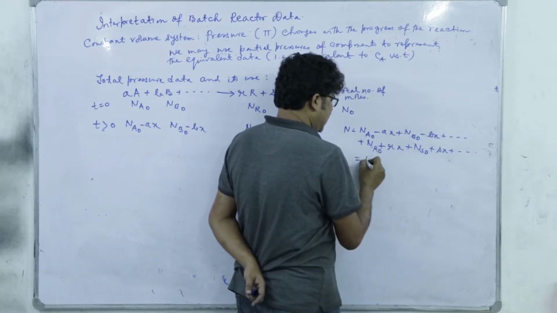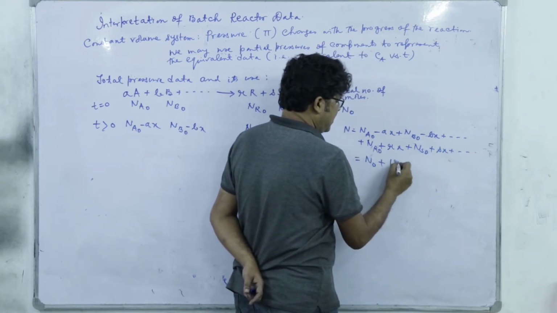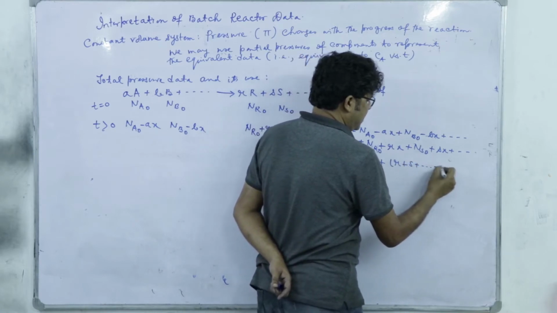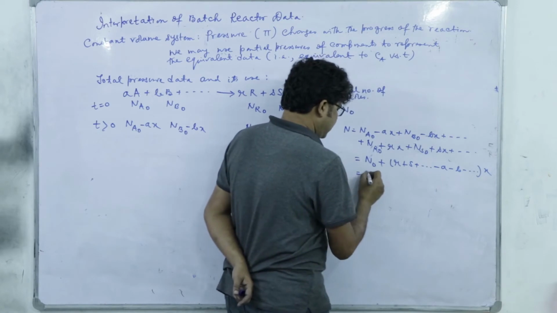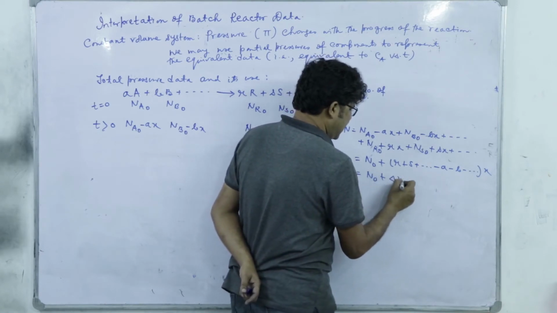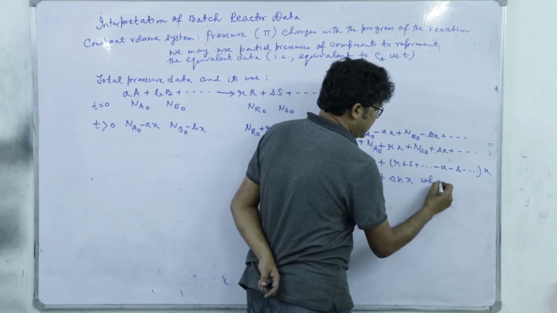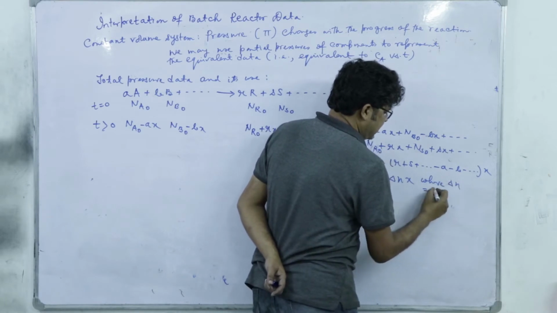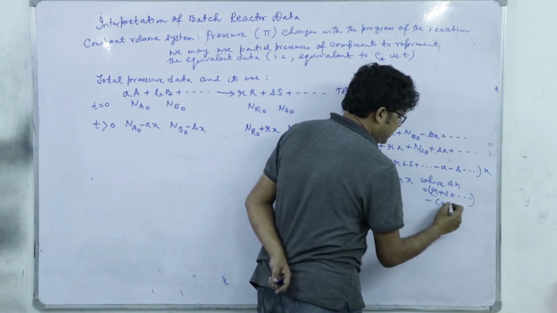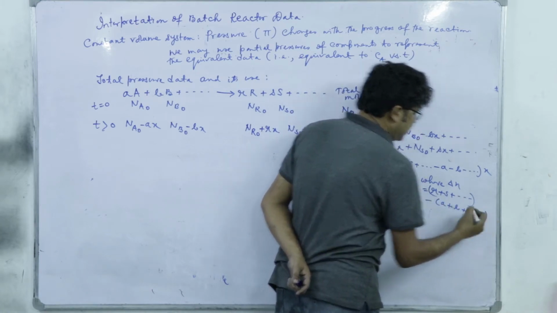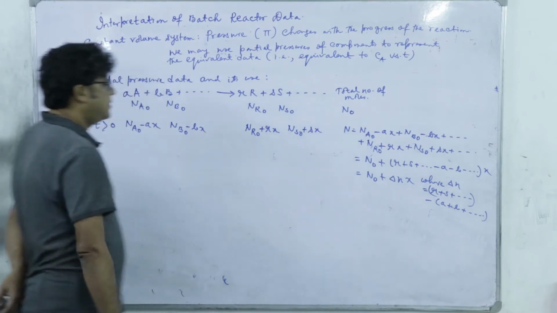So, this we can write as N0 plus (r plus s plus ... minus a minus b ...) into X. So, this is N0 plus delta N into X, where delta N is the sum of the product stoichiometric coefficients minus the sum of the reactant stoichiometric coefficients. Right.